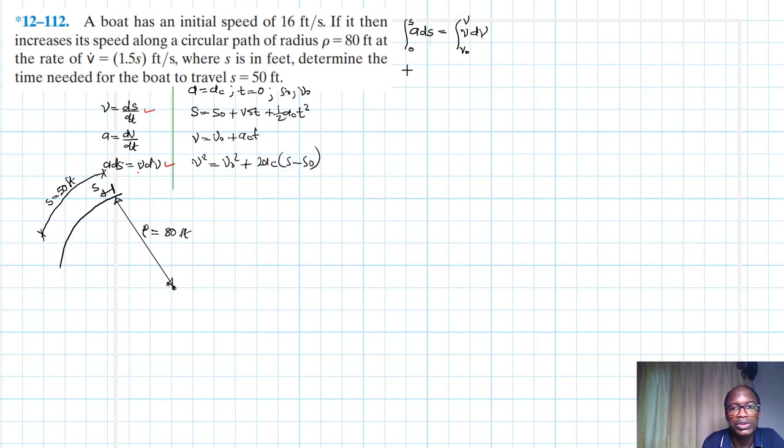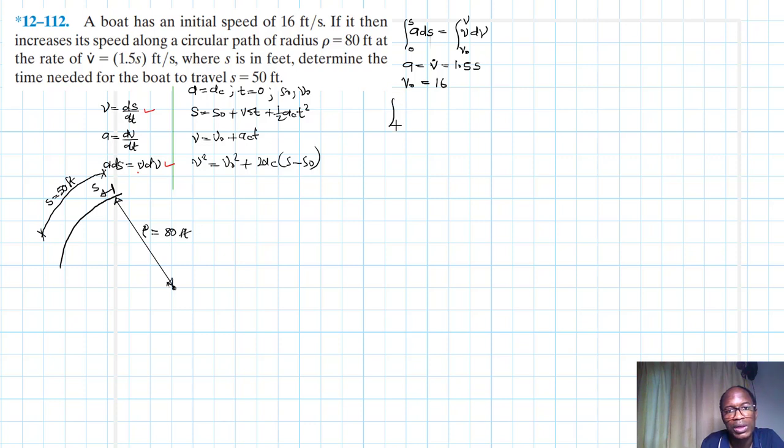Our a here is equal to 1.5 s, and our v naught here is equal to 16. And that's about it.